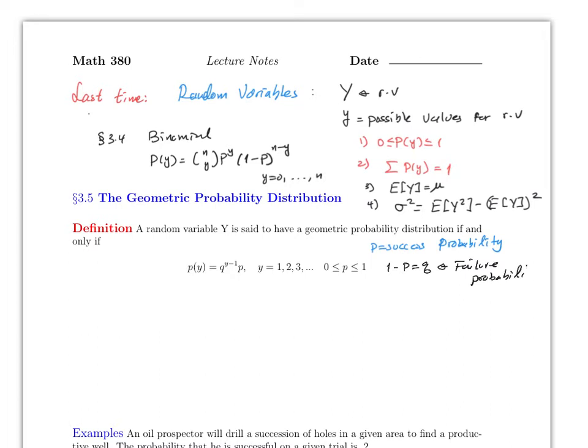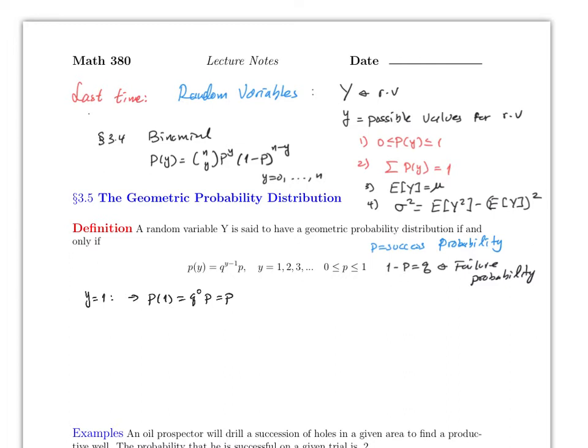Okay. Now, what the geometric distribution actually computes is the probability that you'll be successful after the first try, the second try, the third try, and so forth. So for example, if y is equal to 1, then the probability of 1 will be q to the 0 times p, which is just p.